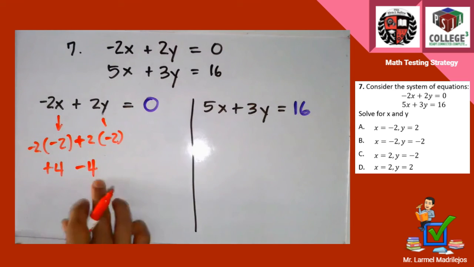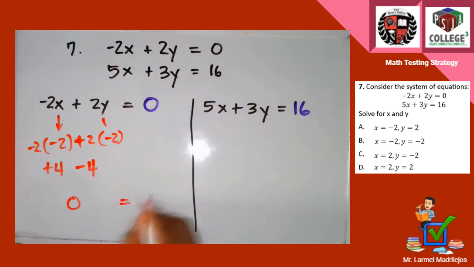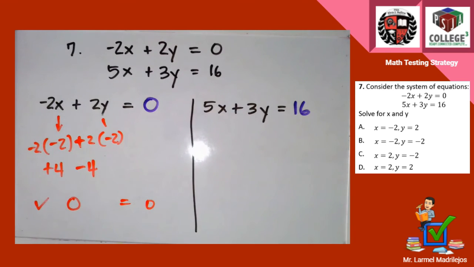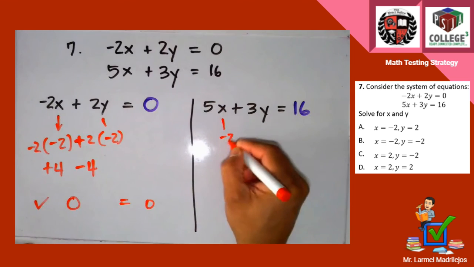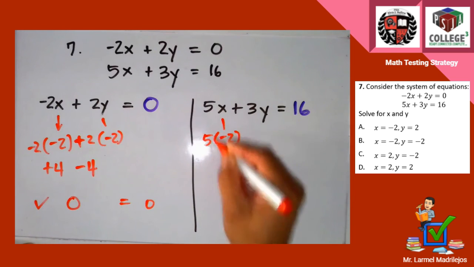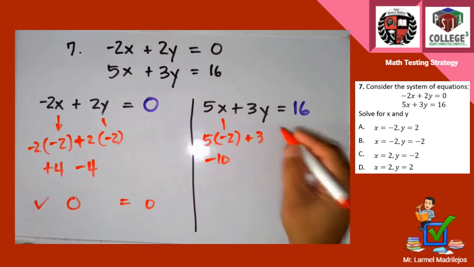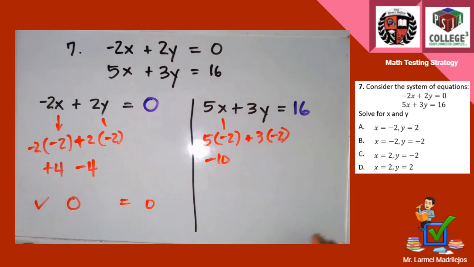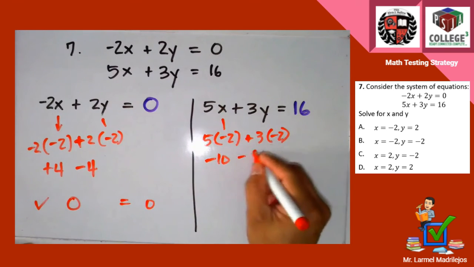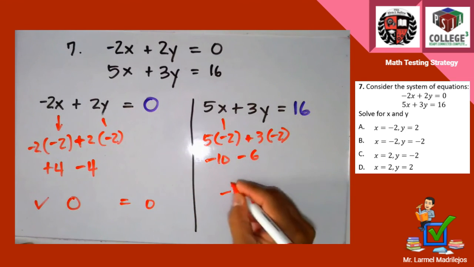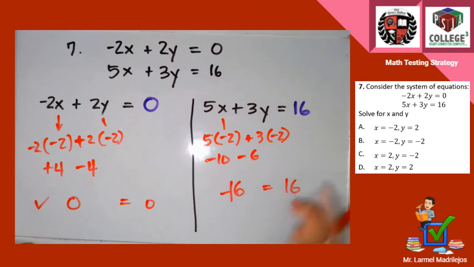So 4 minus 4 is 0. It matches the number there, but we need to verify if this matches the second equation here. So when x is negative 2 times 5, it's negative 10, and y is negative 2. 3 times negative 2 is negative 6. The answer, negative 10 minus 6 is negative 16. It doesn't match. So it's not letter B.